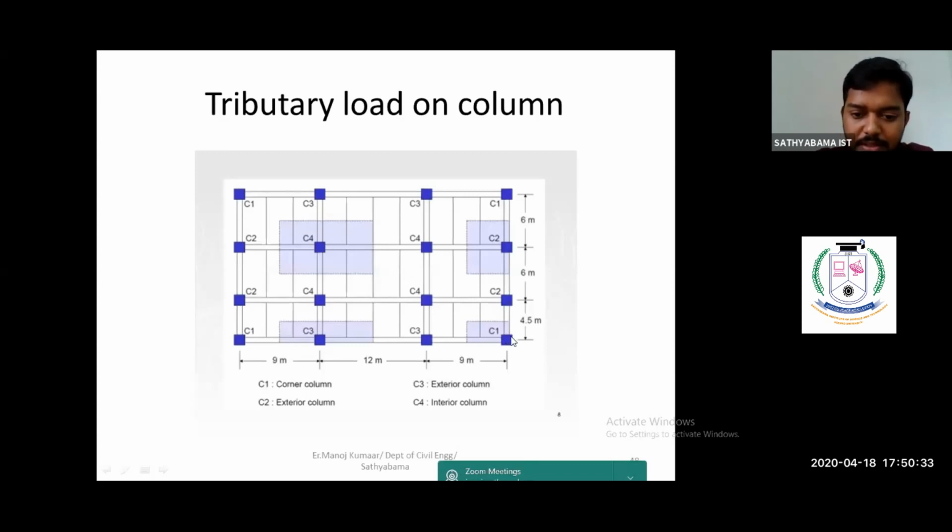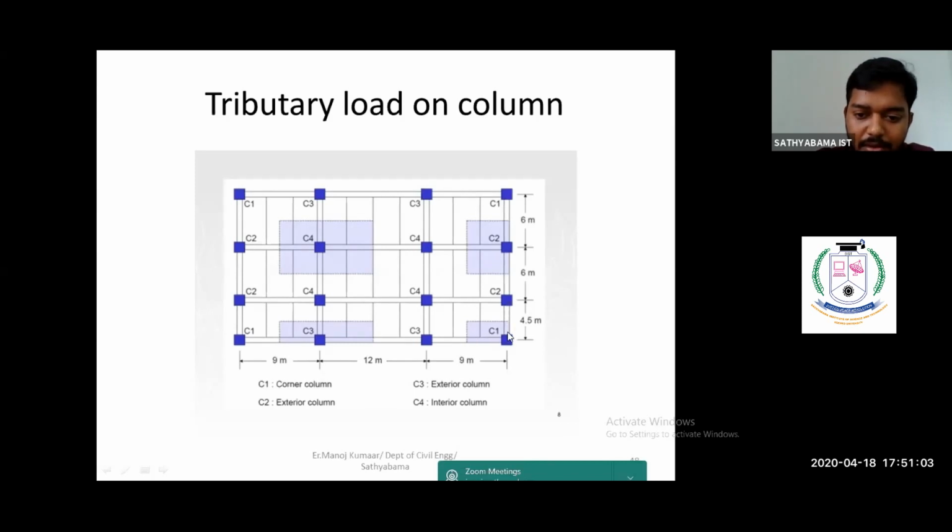And if you consider the exterior column, this one, it has to support only 2 slabs on the left hand side. So 1/4 of the load from the first slab and 1/4 of the load from the second slab will be contributing to this exterior column. The same thing applies in the case of C3 also. And the third type is the corner column, C1.